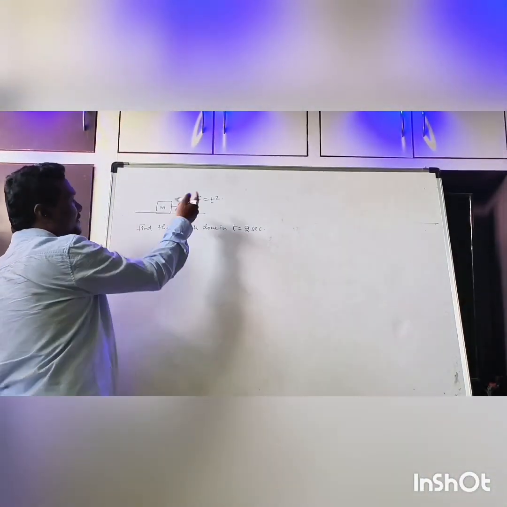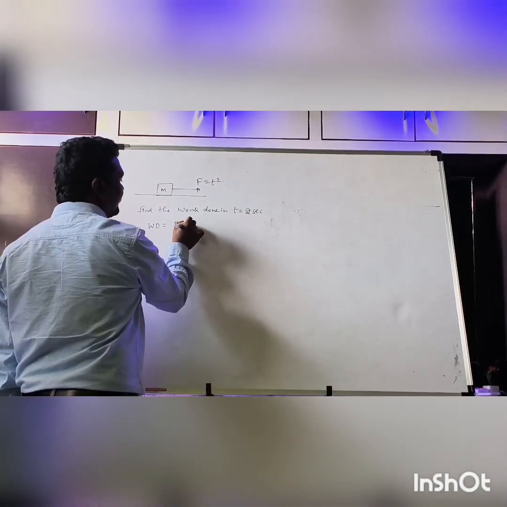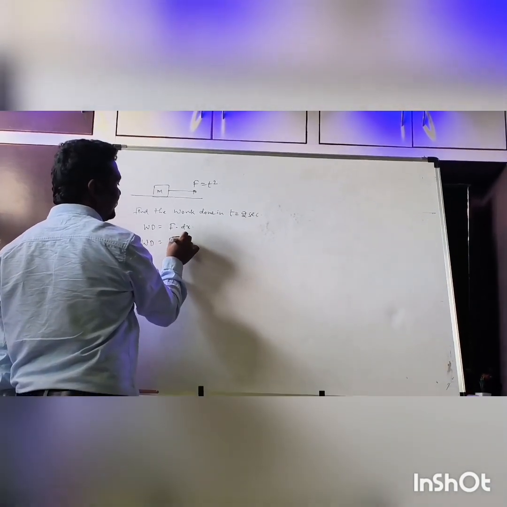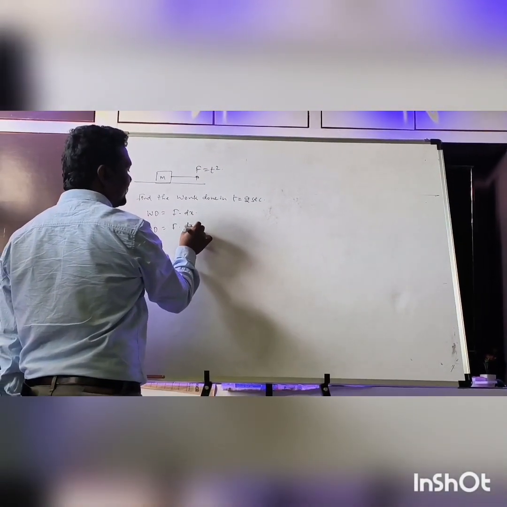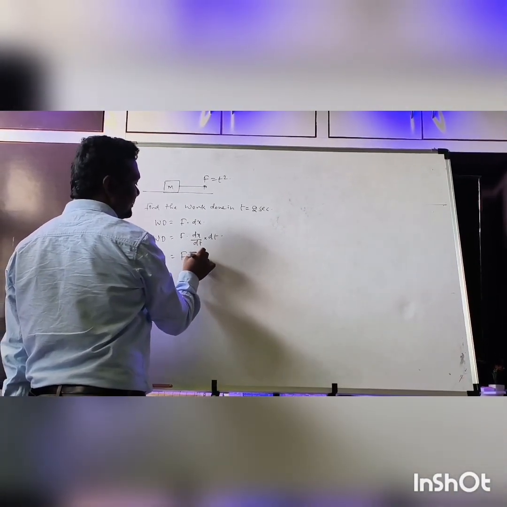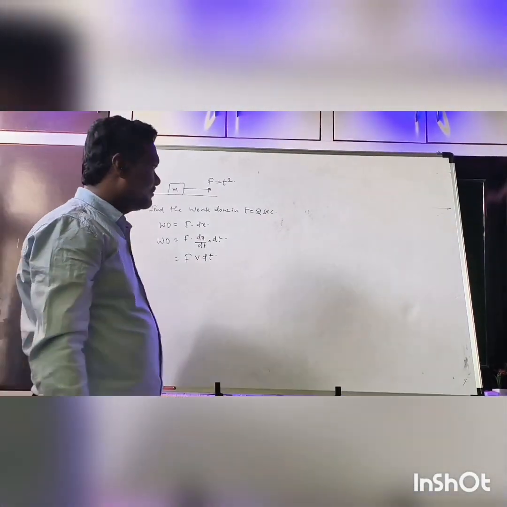Now this is a variable force as a function of time. Can I write work done is equal to F into dx, that is F into dx by dt into dt? This can be written as F into dx by dt, which is v, into dt. Now bring v as a function of t.